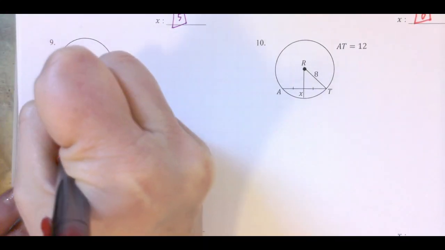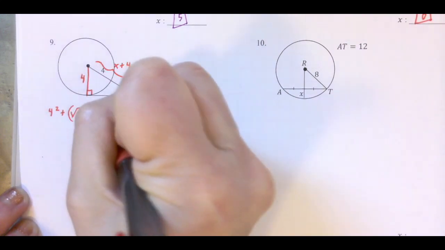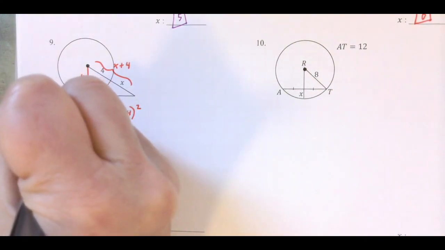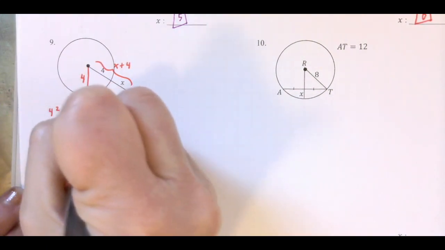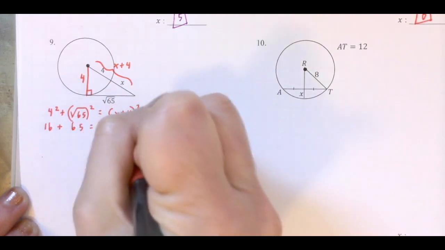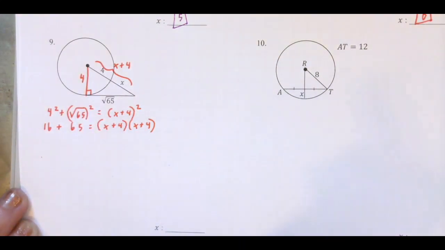So 4 squared plus root 65 quantity squared equals x plus 4 quantity squared. So here I have 16 plus 65 equals x plus 4 times x plus 4. Right? I have to FOIL that out in just a moment.